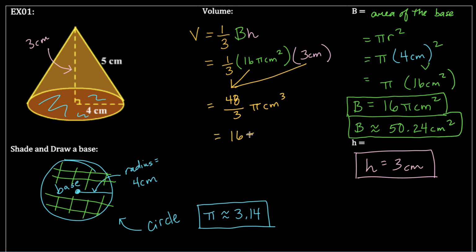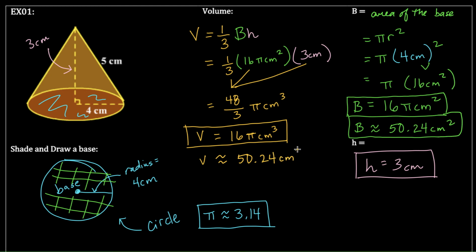So 16 pi centimeters cubed. That is our exact answer. Which makes sense, because if we do 16 times 3 and then divide by 3, we just get back to 16. So our volume is approximately 50.24 centimeters cubed. Remember, 16 times pi right there.